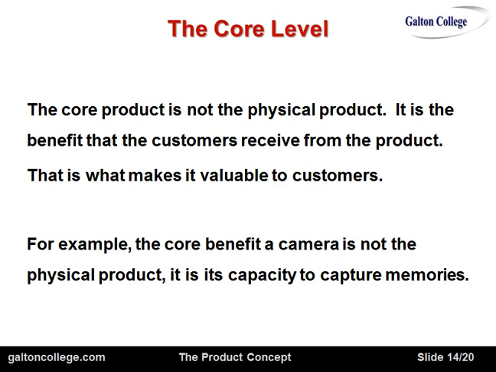So the core benefit of a camera is not the physical product. It's not the actual camera. It's its capacity to capture memories, to capture images. So that's what the core is. The core benefit is its ability to take pictures.